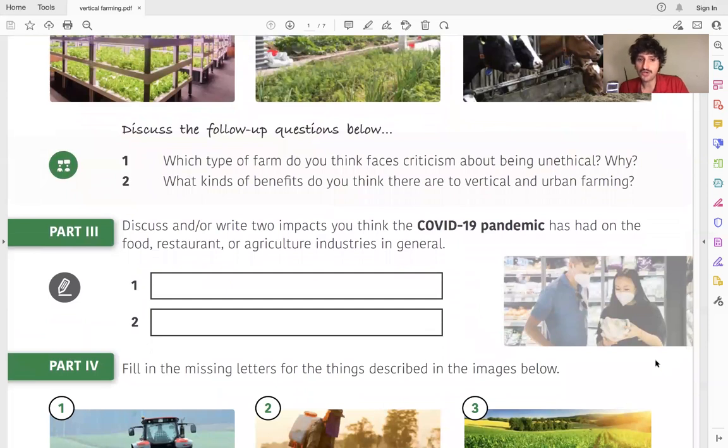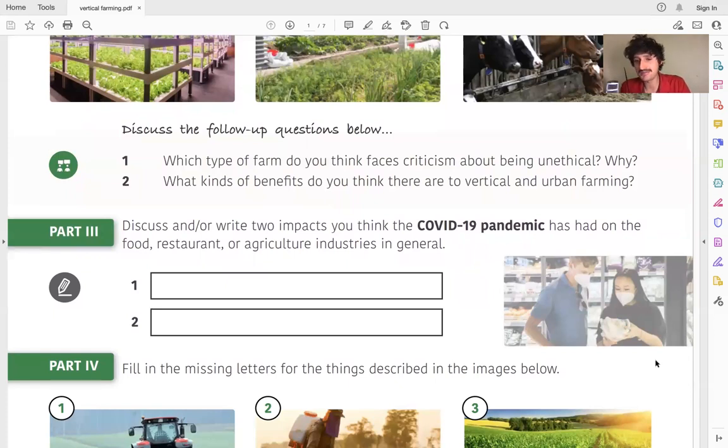All right, so here we also want to talk about some impacts you think the COVID-19 pandemic of the last couple of years has had on the food, restaurant, and agriculture industries in general. Okay, so think about this. I'm going to give you a few just to give you some ideas, but think about the way people act, what people do, lifestyles, how do we live?